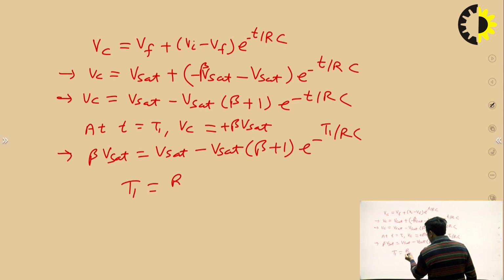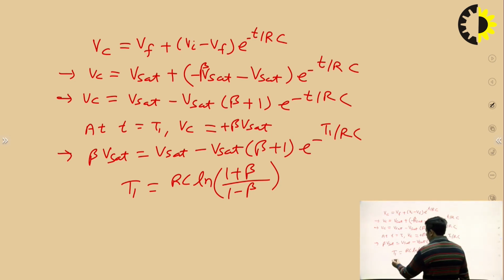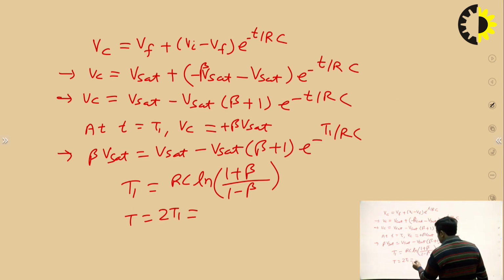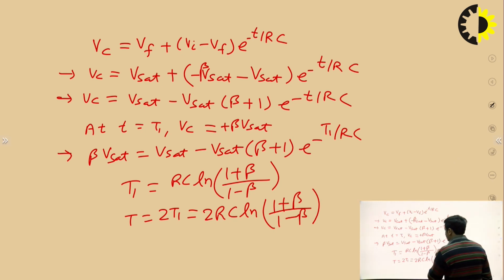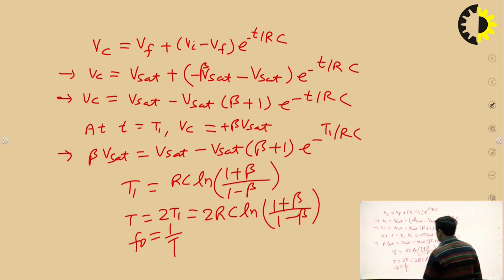T1 will be RC ln of 1 plus beta upon 1 minus beta. So from here, T will be equal to 2 into t1, which is 2 RC ln of 1 plus beta upon 1 minus beta. So from here we can calculate the value of f0. F0 will be equal to 1 by T.